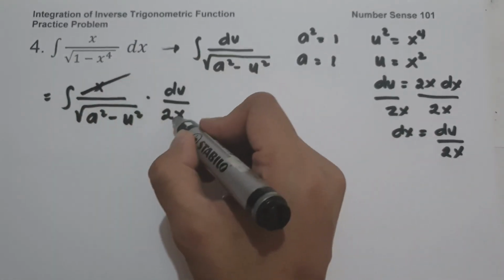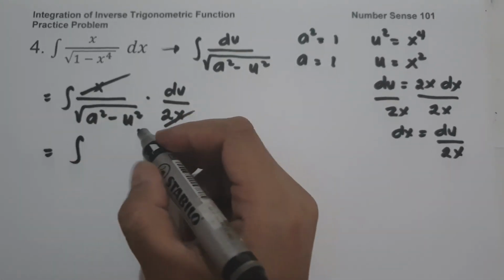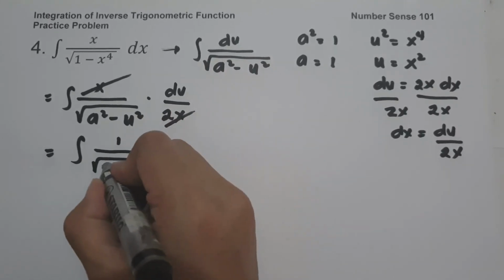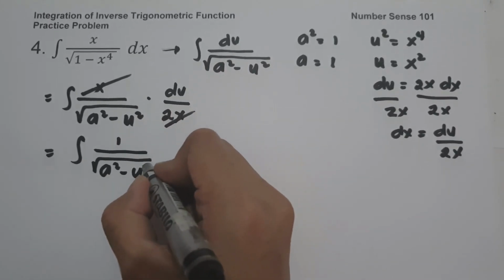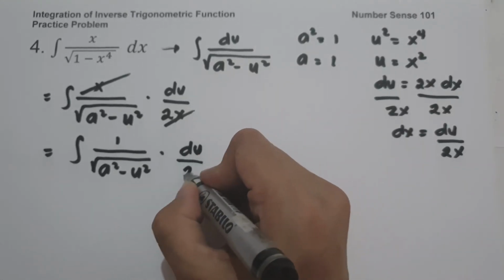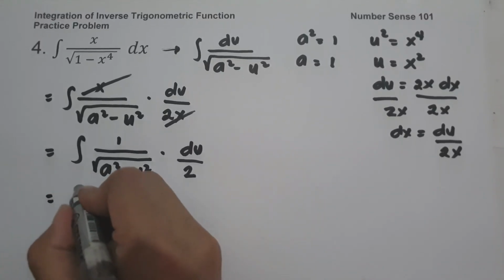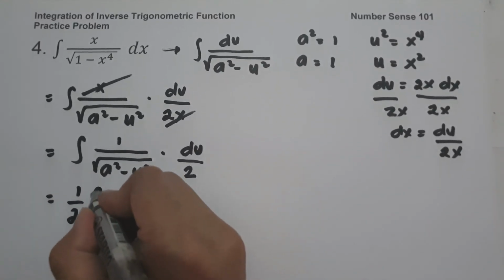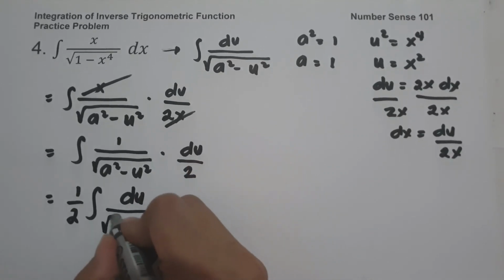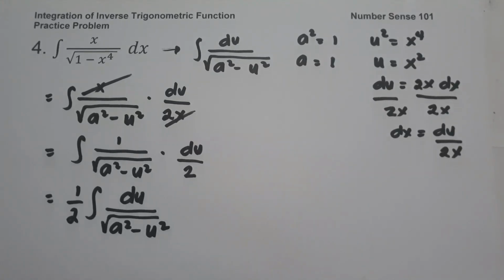So let us cancel x, and we are going to have the antiderivative of 1 over square root of a squared minus u squared multiplied by du over 2. So let us move this one in front. This will be 1/2 times the antiderivative of du over square root of a squared minus u squared.